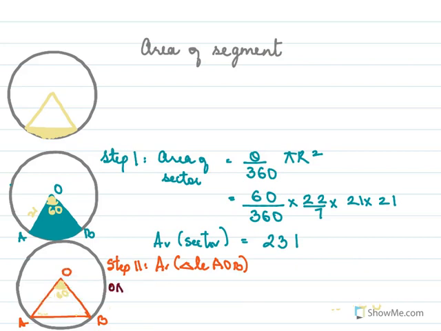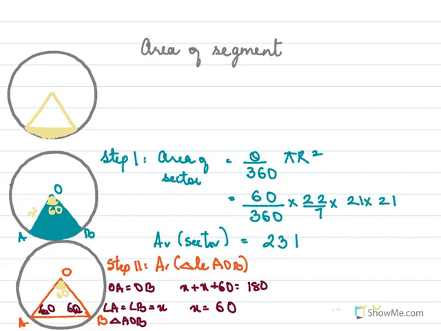To go over this again, we did OA equal to OB, therefore angle A equals angle B equals X, and in triangle AOB we have 3 angles, X plus X plus 60 equal to 180, and we got X as 60. So here I have 60 and this is 60. So triangle AOB is equilateral, all the angles are equal.